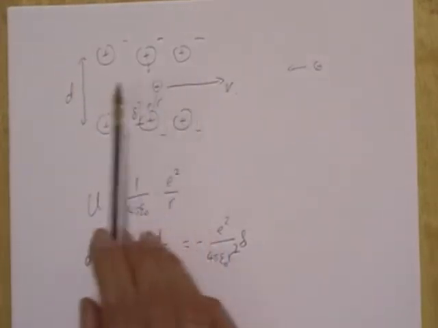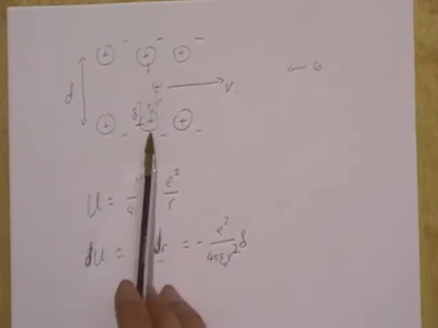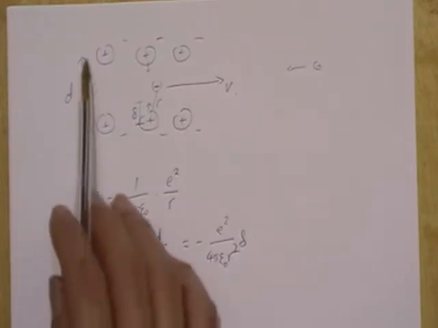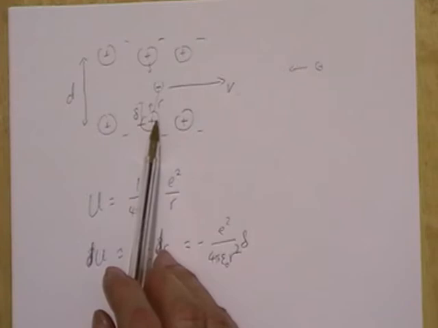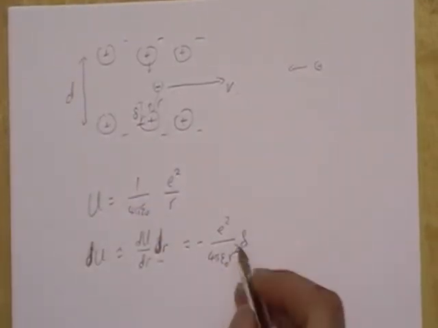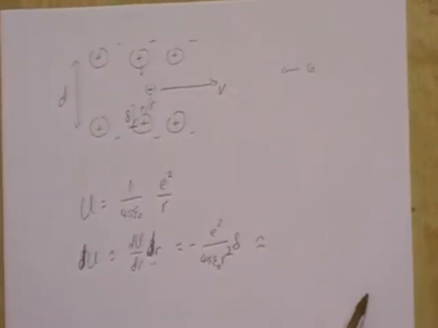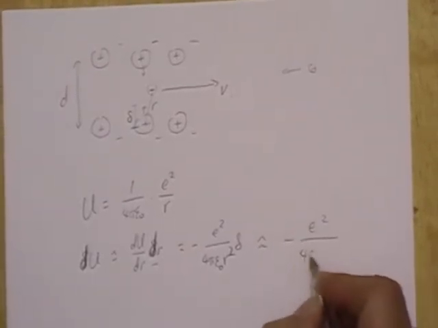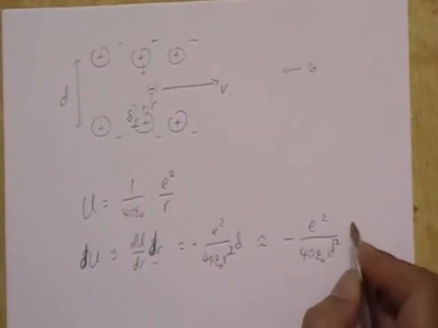So when the electron is somewhere around here, it will experience the attraction when it is within a range of about d. So we're going to say that this is approximately of the order of e squared over 4 pi epsilon naught with the r replaced by d.